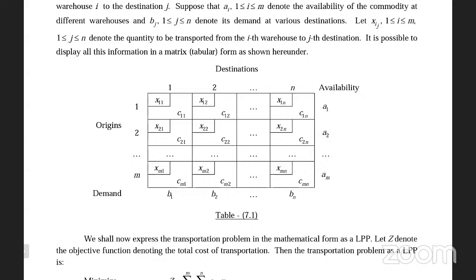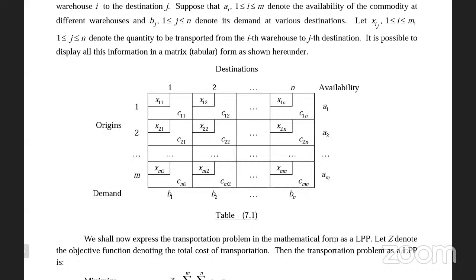I want to minimize that transportation cost. That is my ambition: to reduce the total transportation cost for distributing various commodities from origins to destinations, based on availability and demand. This problem is called the transportation problem.